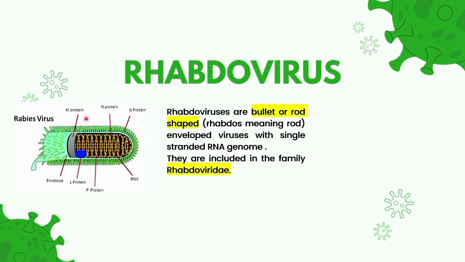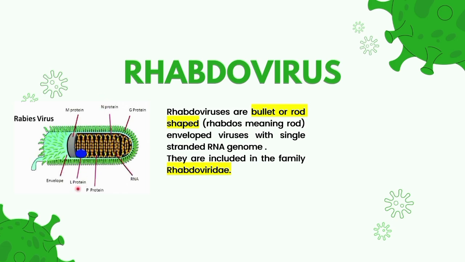M stands for matrix. It lies beneath the envelope and helps maintain the virus shape and plays a role in virus assembly and also budding. Coming to the N protein, N stands for nucleoprotein. This nucleoprotein surrounds and protects the RNA genome and forms a nucleocapsid structure.